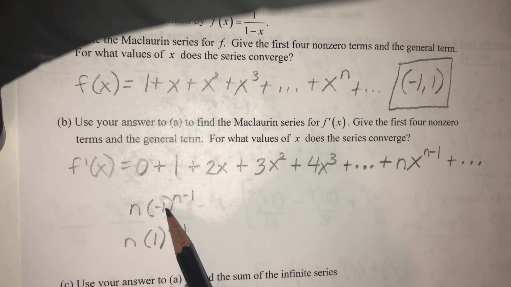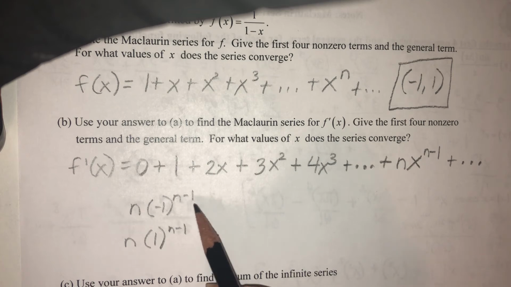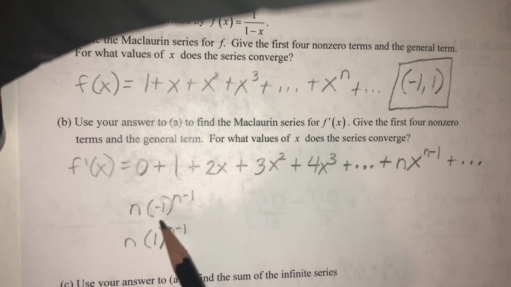The negative 1 being raised to powers where n is increasing by 1 each time is going to cause it to alternate positive, negative, positive, negative. And n is the term number. So if we start with 0, we have 0, and then we have 1, and then that's to the 0 power on this negative 1, so that's going to make it a positive 1.